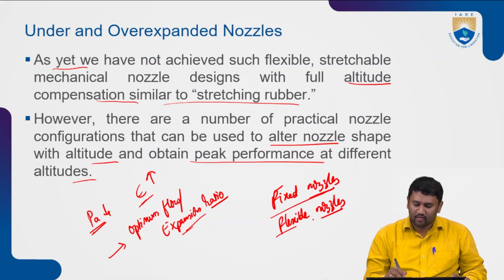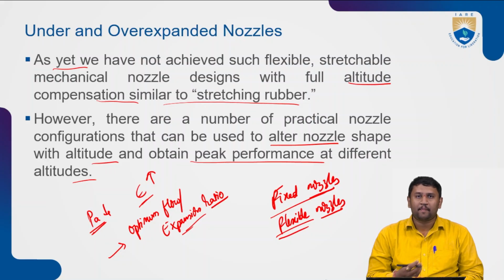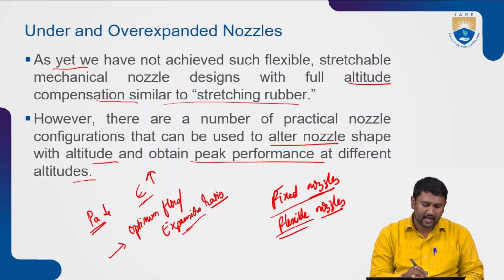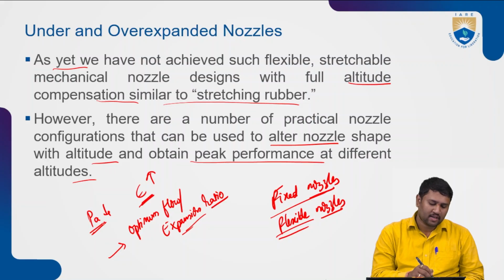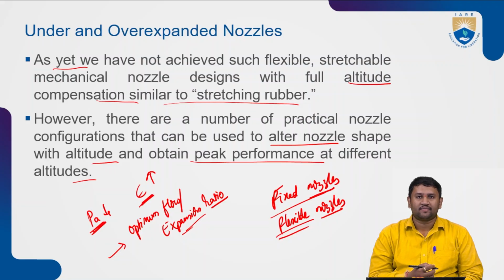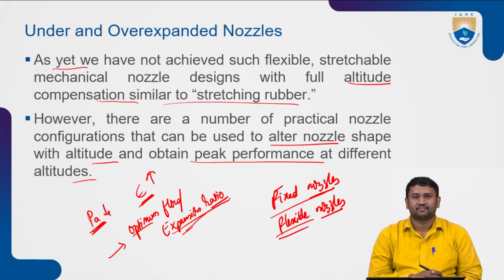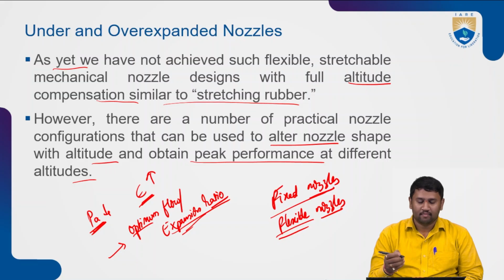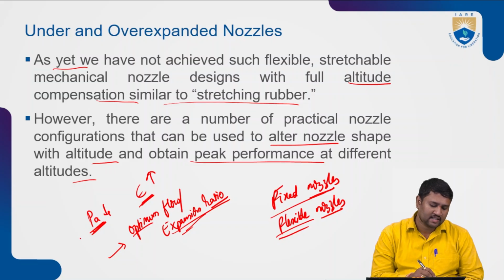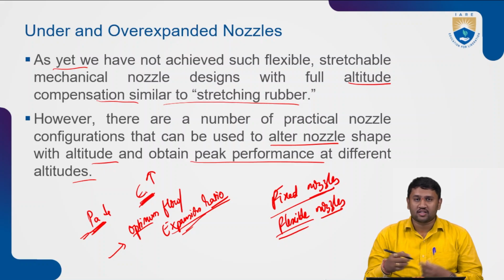What these flexible nozzles are supposed to do is basically compensate the area ratio with respect to the ambient pressure to achieve my optimum expansion ratio. Simple as that, right? Because we can't change the ambient pressure. The only thing we can change is my area ratio, particularly the nozzle area through which the flow gets expanded.